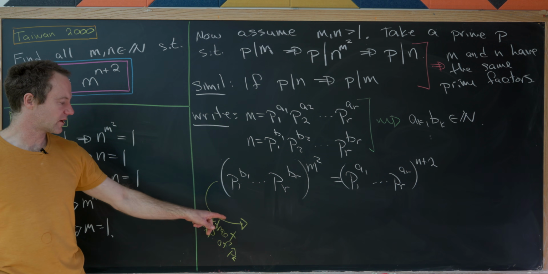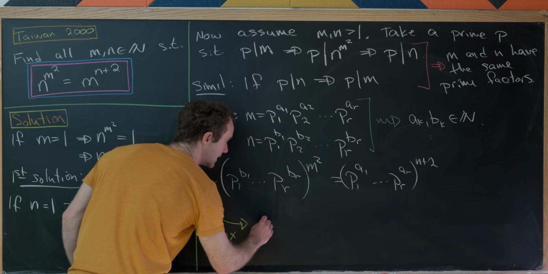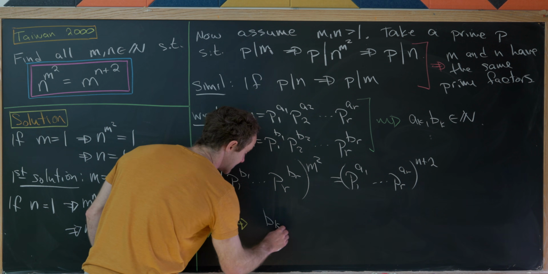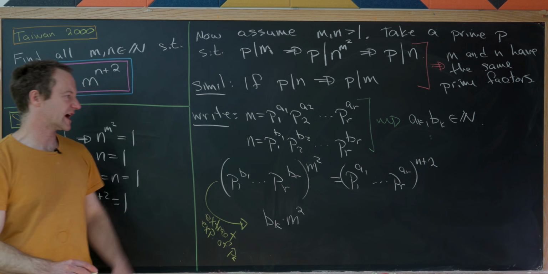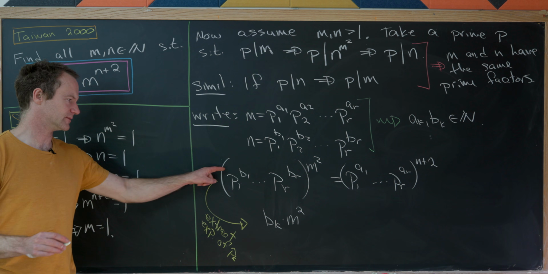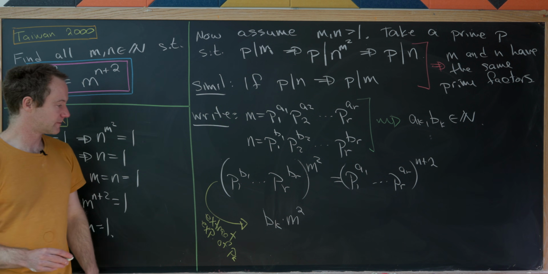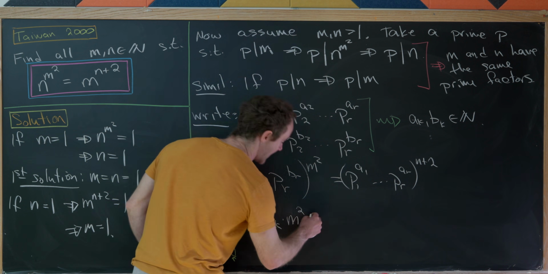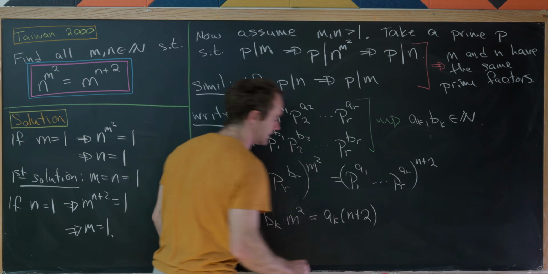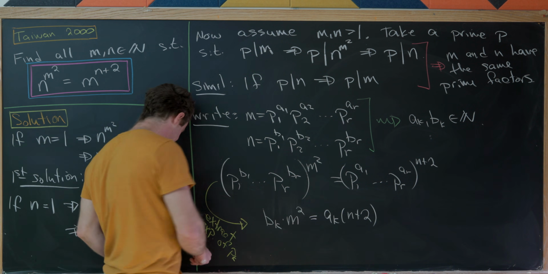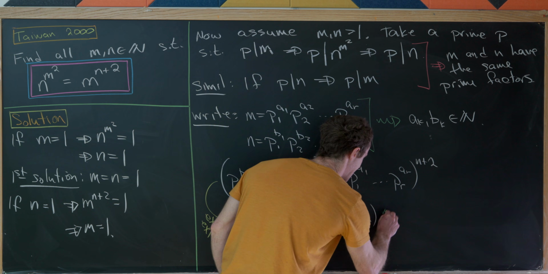Okay, so over here on the left-hand side, that will be equal to bk times m squared, just using exponent rules to distribute that m squared over all of those things. And then over here on the right-hand side, that will be ak times n plus 2. But let's maybe rewrite this just a tad.